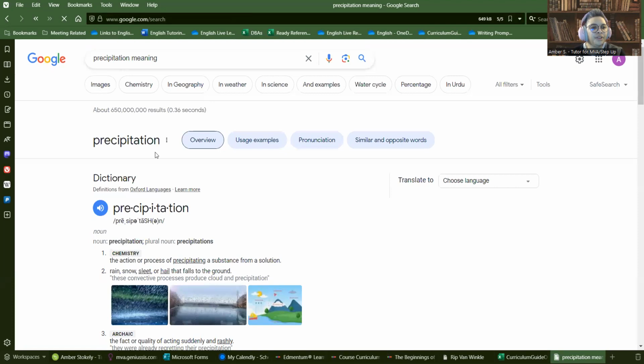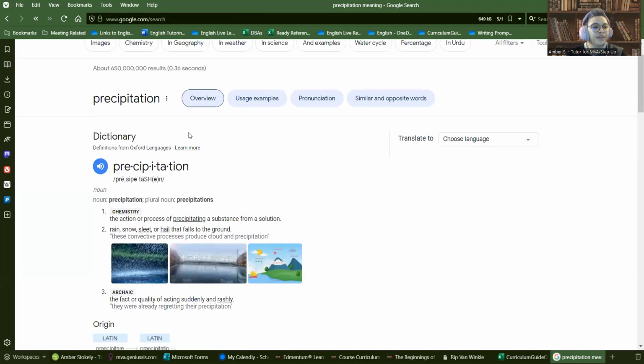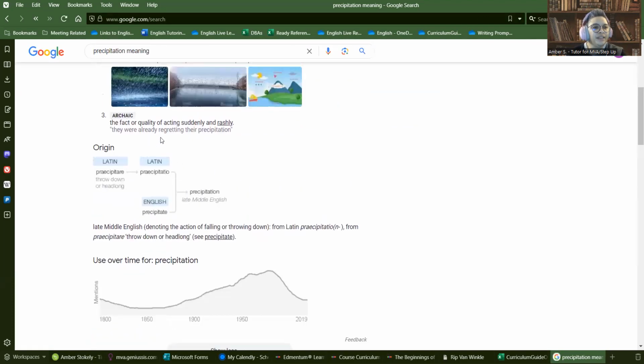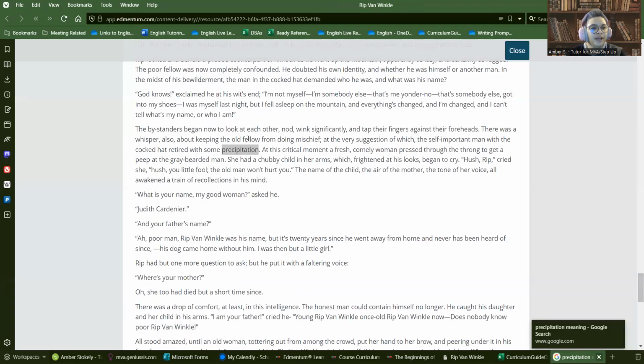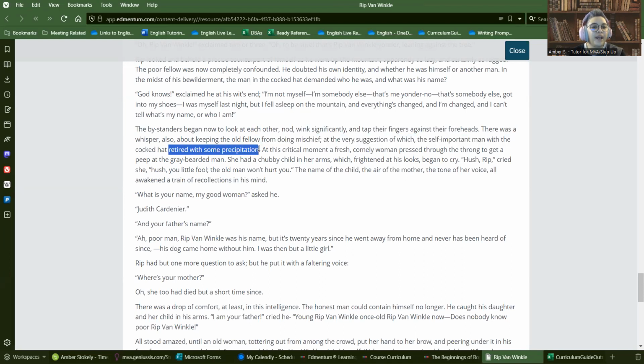We need more than just precipitation from weather. Yeah, it says the fact or quality of acting suddenly or rashly. Okay, so that's a bit different. So basically, he's pulling back rashly. He doesn't really actually know what's going on.